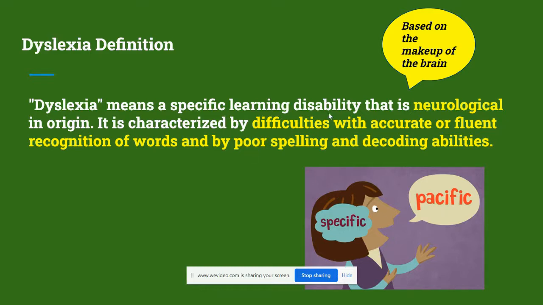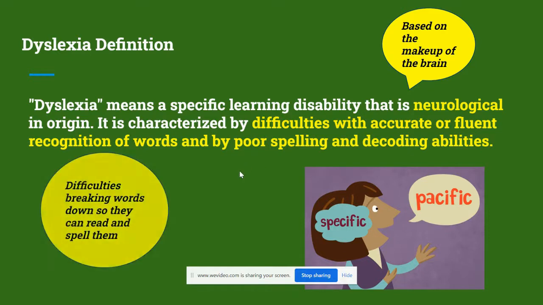It is characterized by difficulties with accurate or fluent recognition of words and by poor spelling and decoding abilities. So if we're looking at that part in yellow, basically what they're saying there is that students are having a lot of difficulties breaking words down to the point that they can read and spell them.